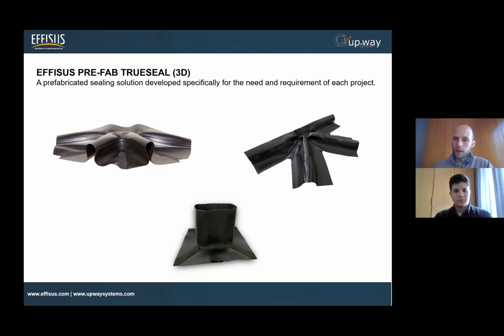Everything is being turned around: membranes, breather membranes, VCLs, the cladding, even the glass, because of fire, for instance. And when it concerns EPDM, and also cavity trays, for instance, there are some specific topics where people are not willing to give away what they have.